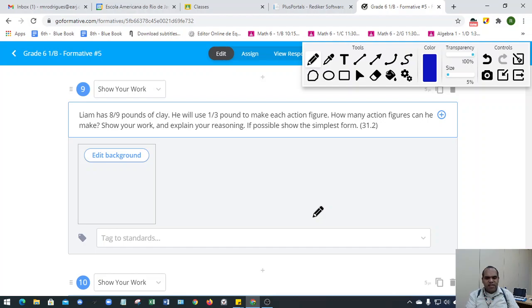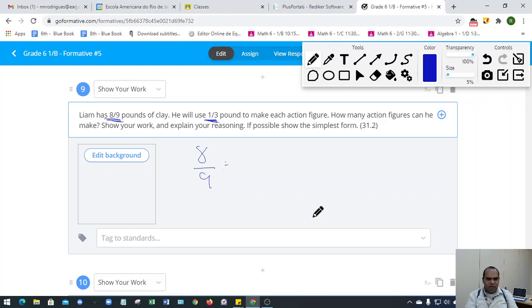I have 8/9 pounds of clay, my information over here. And I will use 1/3 of this to make an action figure. I can divide, guys, to see how many I can make. How many 1/3s do I get from 8/9?